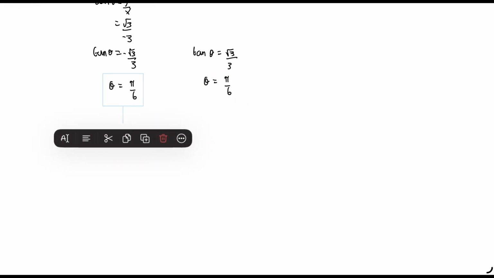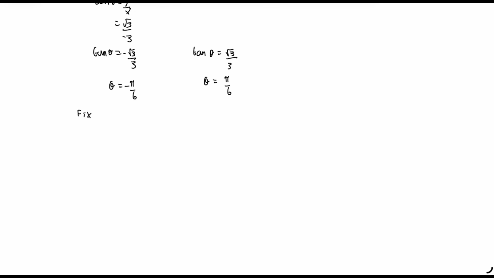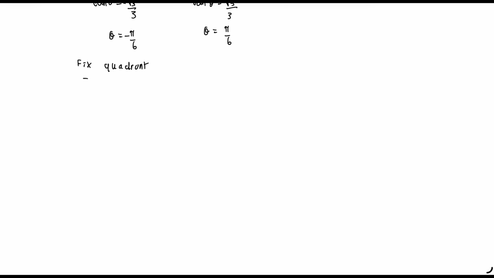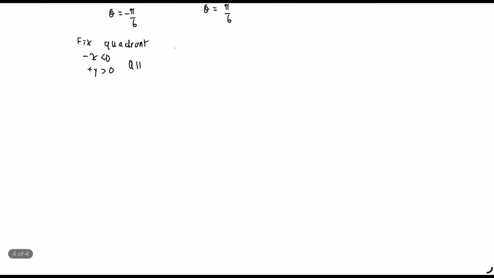So for this, it's going to be -pi/6. Now you have to fix the quadrant because you have a negative x and a positive y. This is Q2. So then theta is equal to pi minus pi/6, which is 5 pi/6.